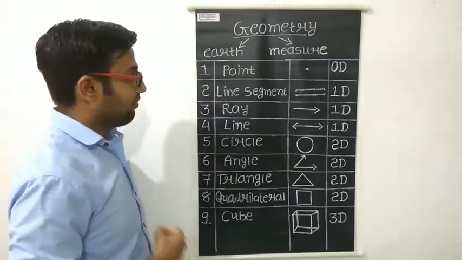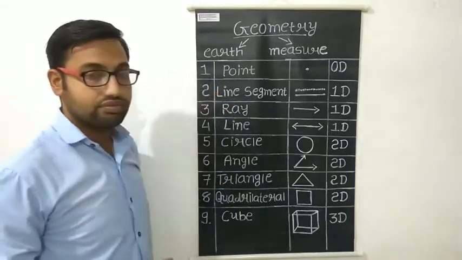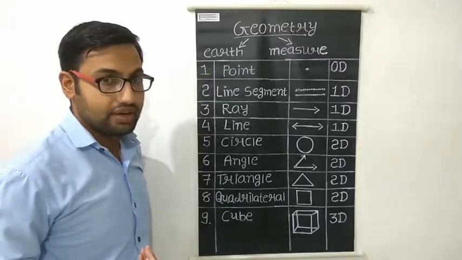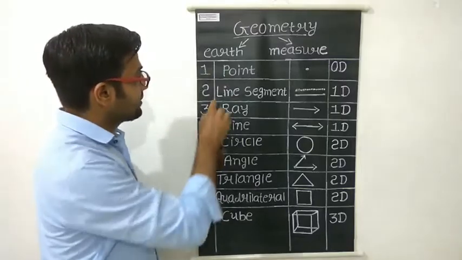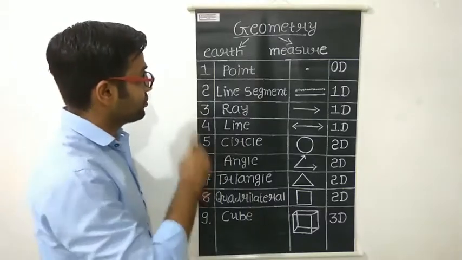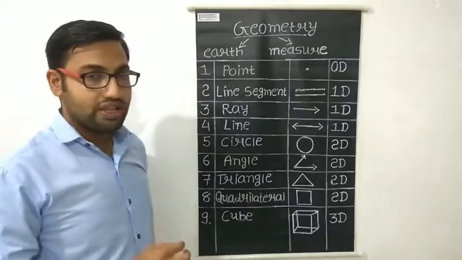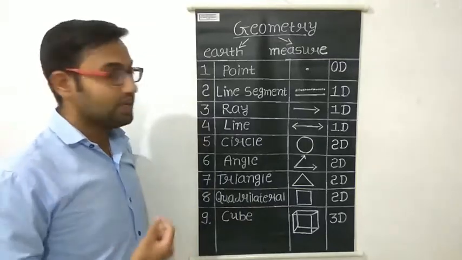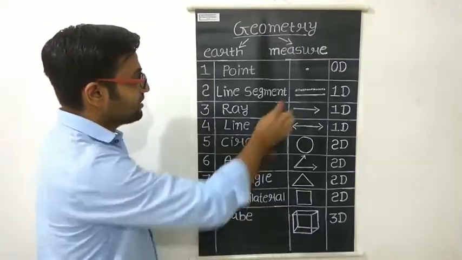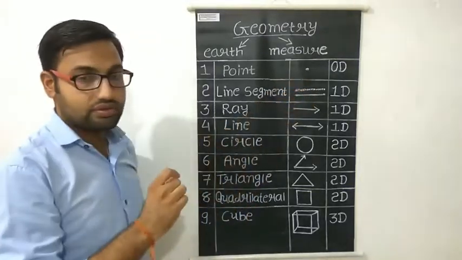Okay, so whenever we want to use this geometry term, the very basic element of geometry is a point. The first terminology that we have to study about geometry is a point, and the point is called the very basic element of geometry. This is the sign of the point, a single dot, right?